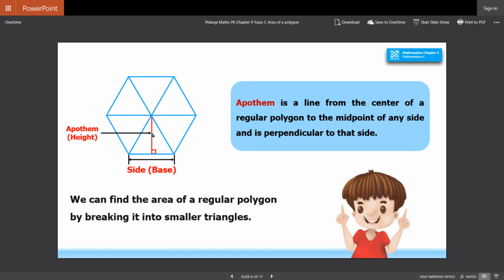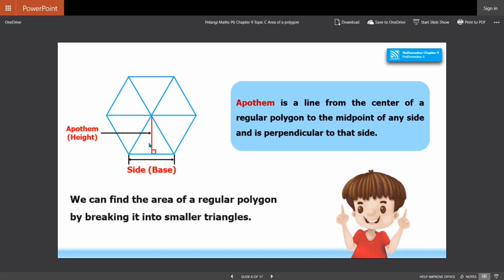And if this is a triangle, remember the formula for area of a triangle is 1/2 base times height, right? That is the area of a triangle. So from there, we can say the area of this polygon, remember, this polygon has 6 triangles.